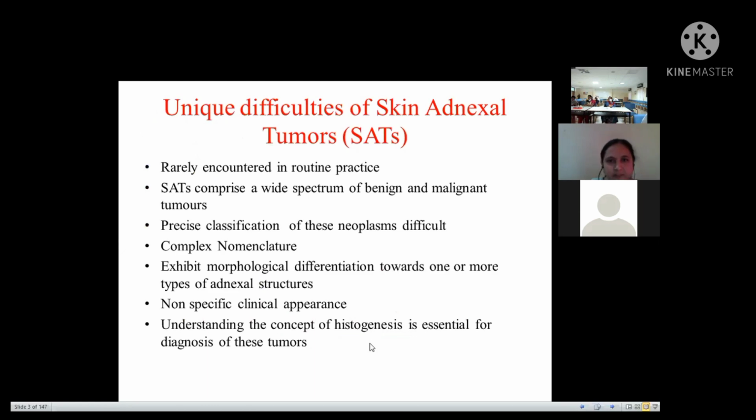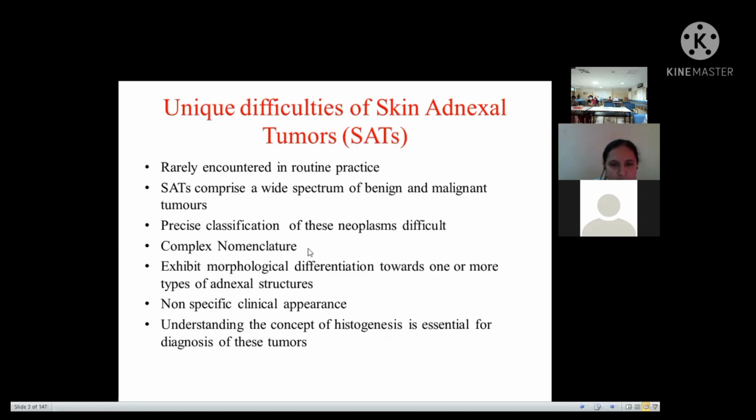We face a lot of difficulties when it is a skin adnexal tumor. There are various reasons for that, mainly because they are rarely encountered in routine practice, and there are so many of them, both benign and malignant varieties, which are difficult to remember. The classification is difficult.